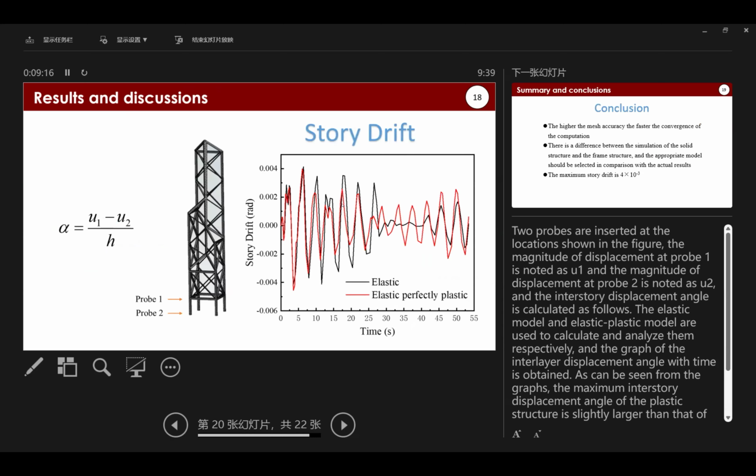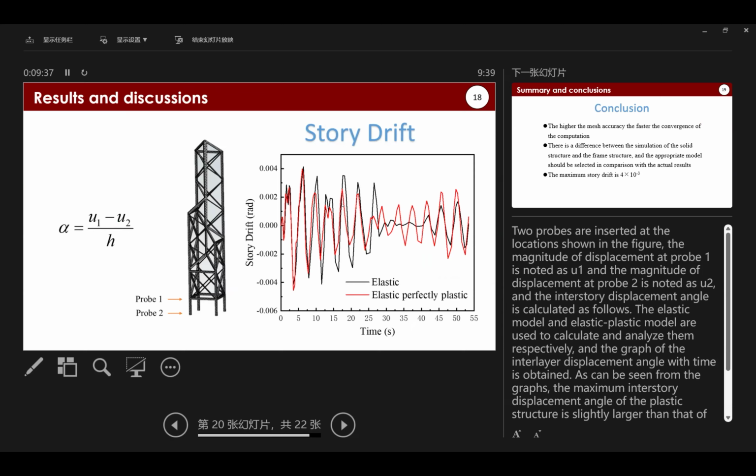And two probes are inserted at the locations shown in the diagram. The displacement at probe 1 is denoted as U1, and at probe 2 as U2.